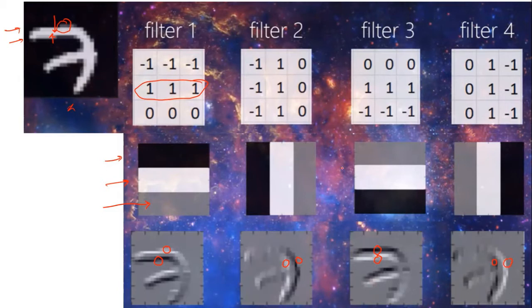Okay, so you can see that different types of filters, once we eventually identify them through maybe backpropagation or what have you, may be able to identify not just vertical edges, but how the images change, how the shades go from white to black or black to white and so on. Okay, so just to give you an idea.